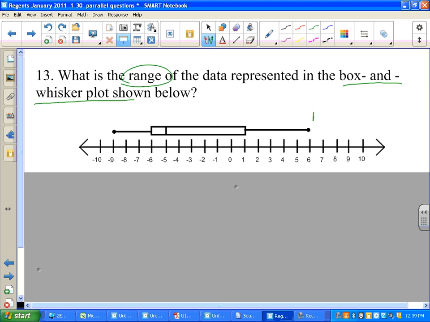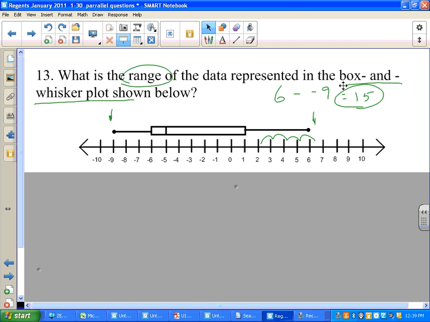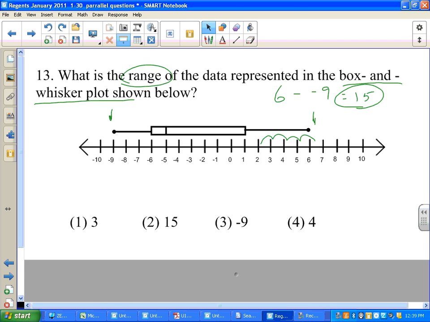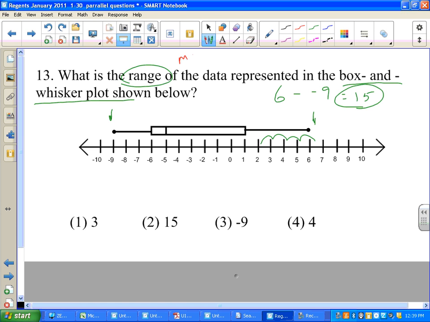The range is the highest number minus the lowest number. 6 minus -9. If you can't count that it's 15, then try it on your calculator. Vocabulary word, range. The maximum minus the minimum. Maximum minus the minimum equals the range.